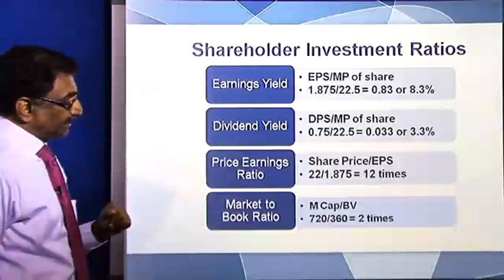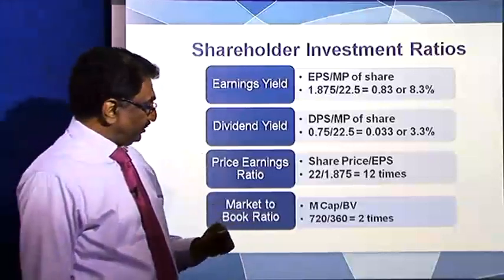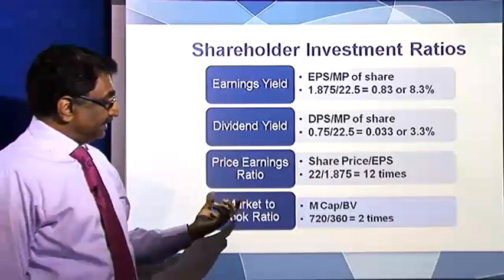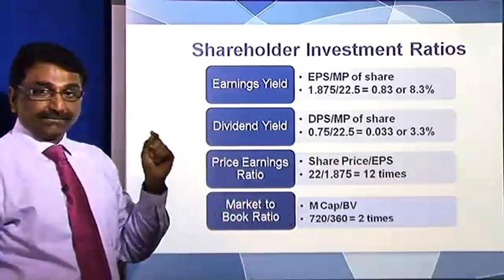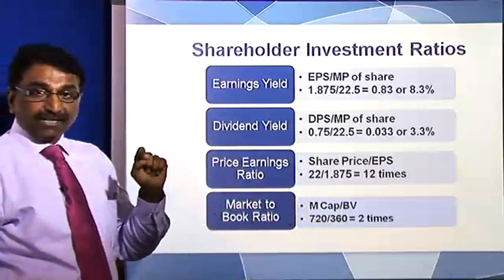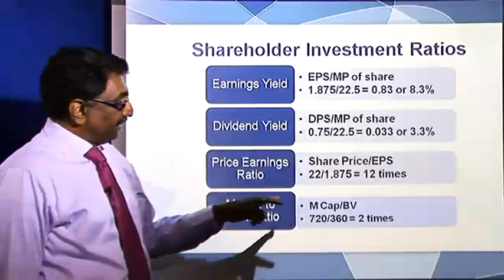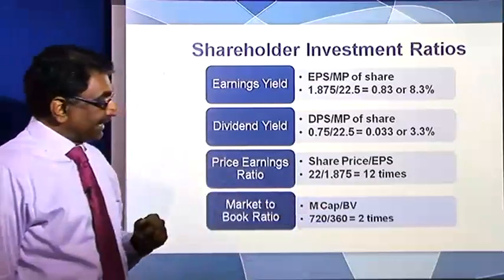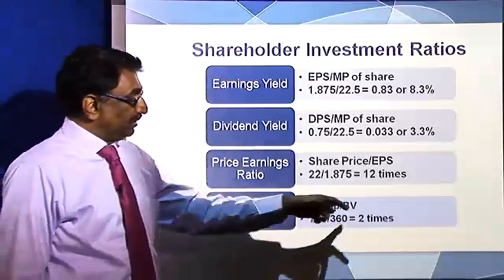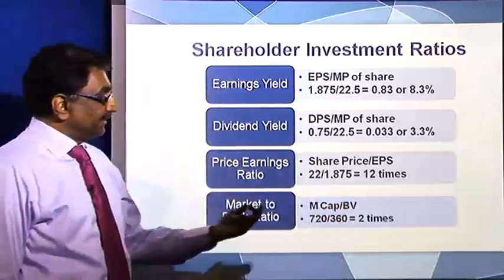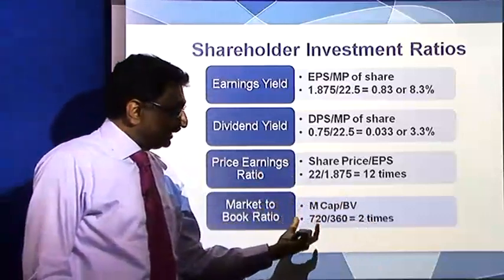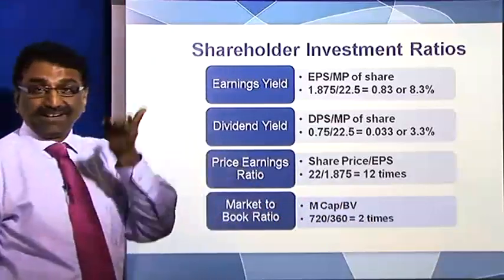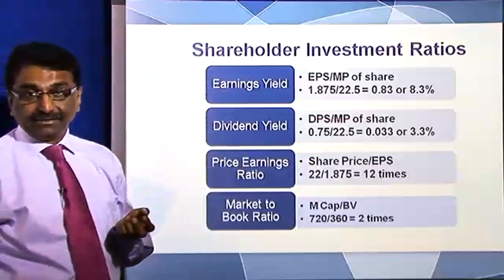And the last part is the market to book ratio, which is based on the market capitalization. If you remember, market capitalization is nothing but market price multiplied by the number of shares outstanding. When you multiply that, you get 720 lakhs, divided by the book value, which is 360 lakhs. So, it is 2 times, as I said before. Therefore, the market is expecting good growth in the company's accretion into the reserves.